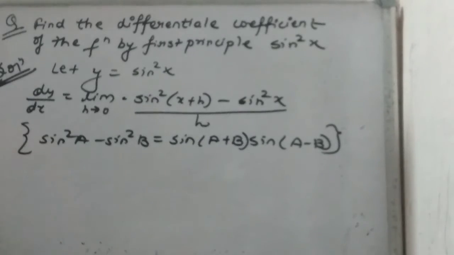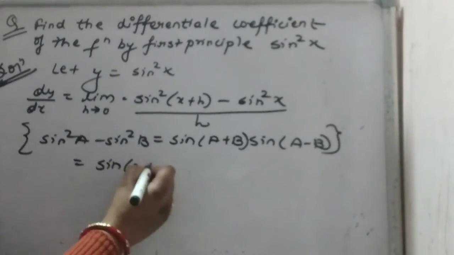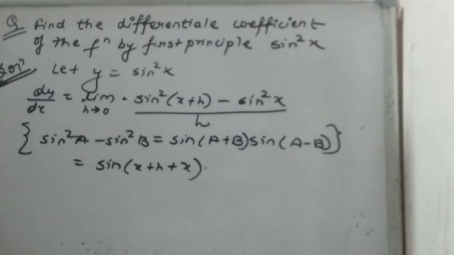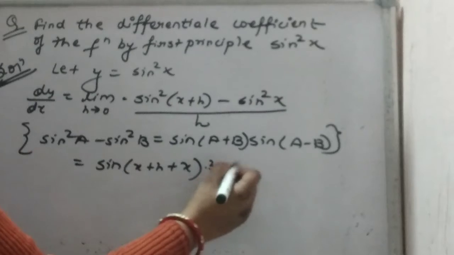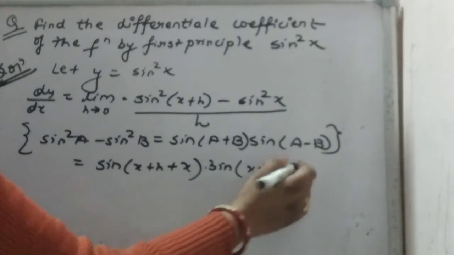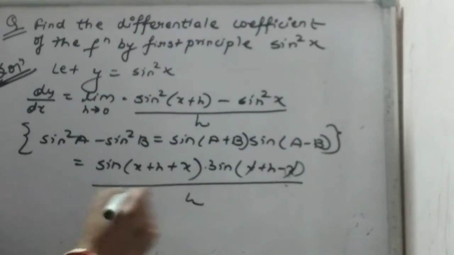So here sine a plus b, it means x plus h plus x, and into it sine x plus h minus x, okay, and upon h is given. So you can see these terms we can cancel here.